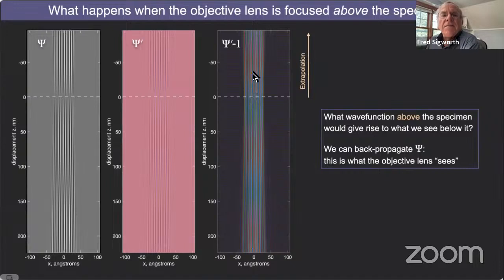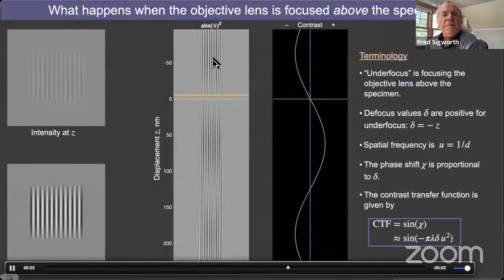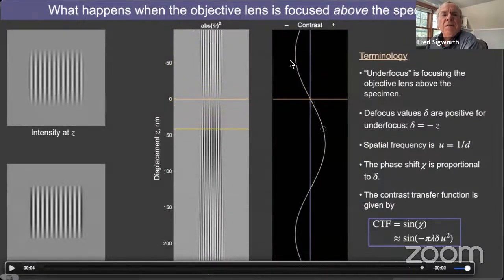But if we extrapolate the waves upward, we can then mathematically say, well, if the specimen weren't there, but we were just looking at waves propagating in free space, what would the waves be up above? And so we can do that mathematically, and suppose we do focus above the specimen. Well, we just get the nice continuation of this contrast.